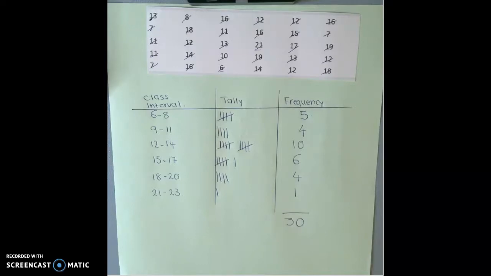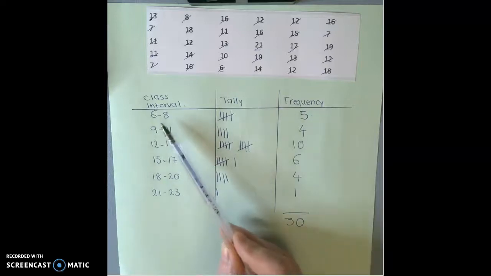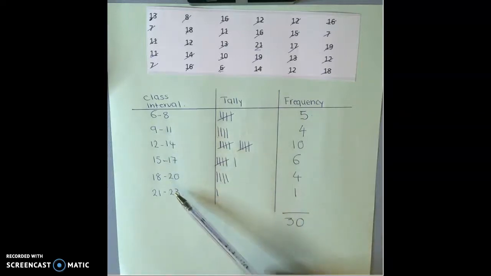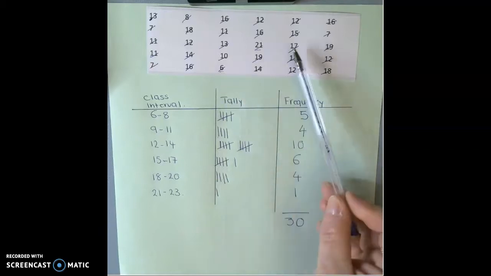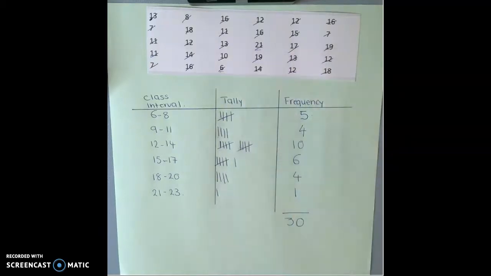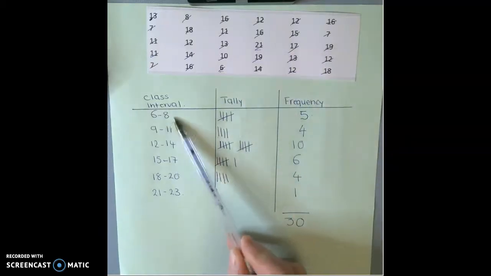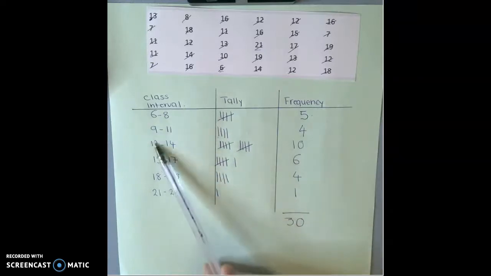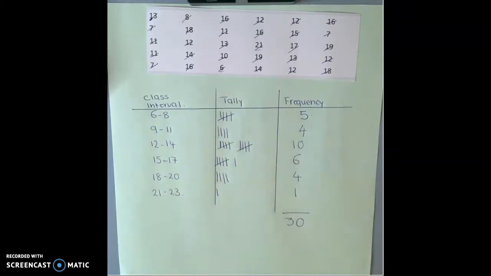Okay, so remember, we need to think about, how am I going to group my data? What is a reasonable, useful sizing to make my groups? And to work this out, I find the minimum and the maximum data point. So I decide how I'm going to do my grouping. I start my grouping with a multiple of whatever grouping size I decide.